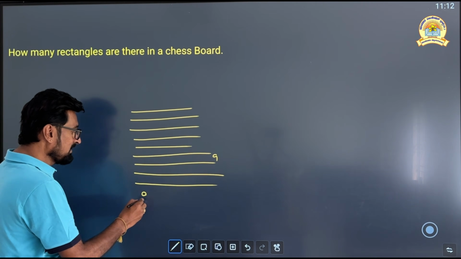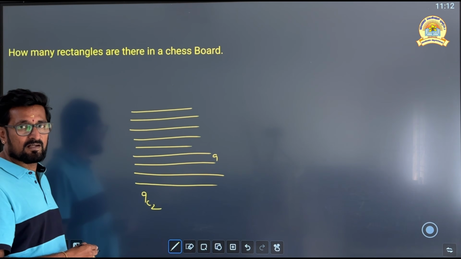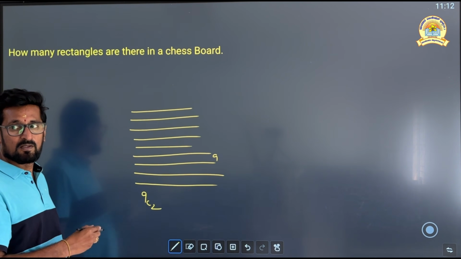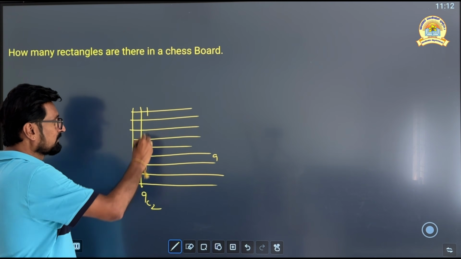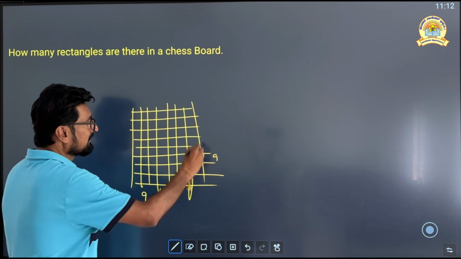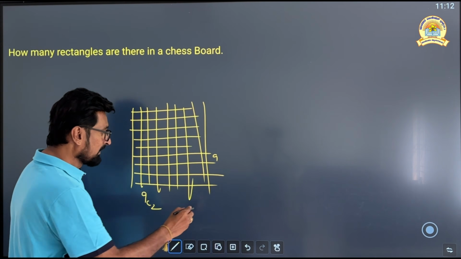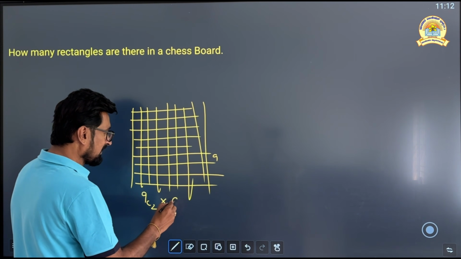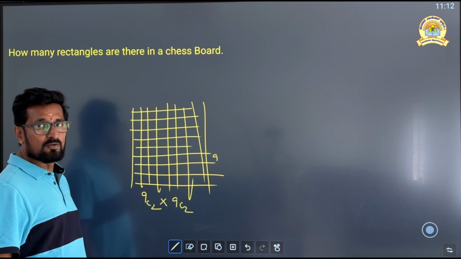From 9, 2 horizontal lines can be selected in 9C2 ways, and there will be 1, 2, 3, 4, 5, 6, 7, 8, 9 vertical lines in the chessboard, and from 9 vertical lines, 2 vertical lines can be selected in 9C2 ways.